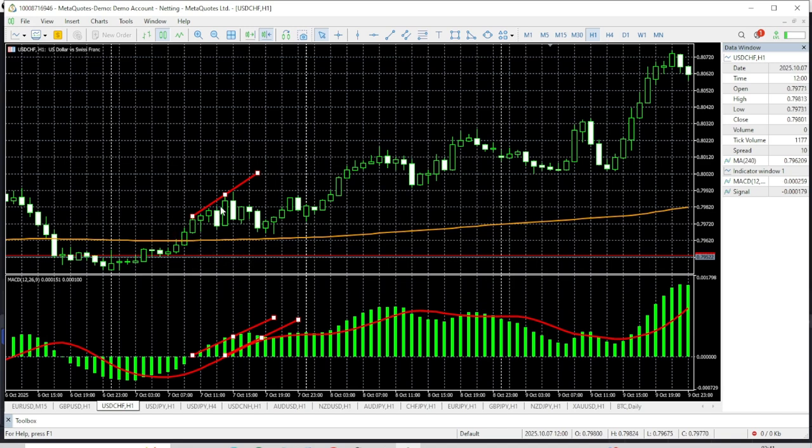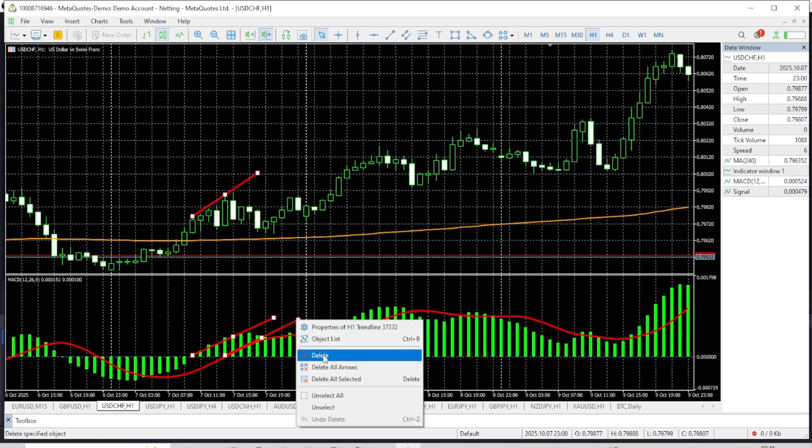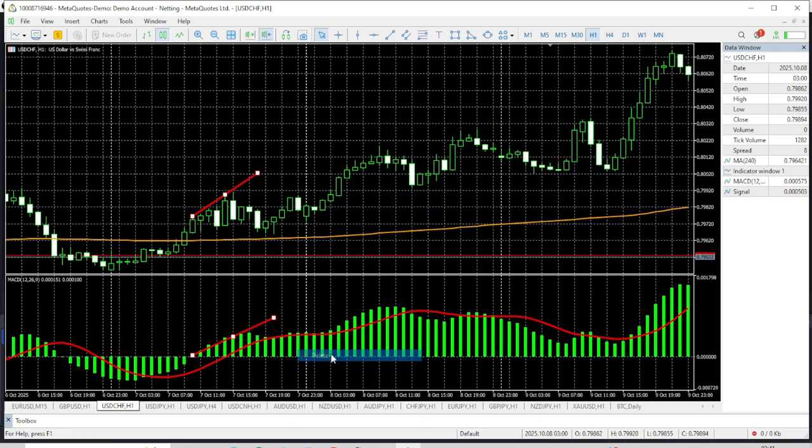Then there is a pullback. Our pullback is not determined by the formation of candlesticks. It is determined by the MACD. The pullback is, you see the MACD histogram coming below or forming below the MACD signal line.